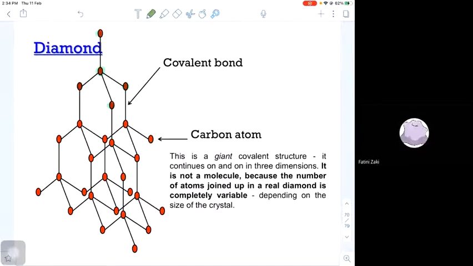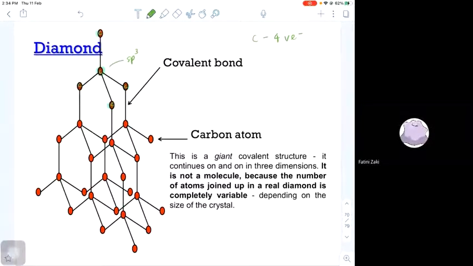Because we know that each carbon atom has 4 valence electrons, so carbon can form 4 bonds altogether. So when we look at one carbon atom, it has already formed 4 sigma bonds with 4 neighbor carbons. It means that all the valence electrons of the carbon are used in the formation of these bonds, so the carbon forms sp3 type of hybridization.